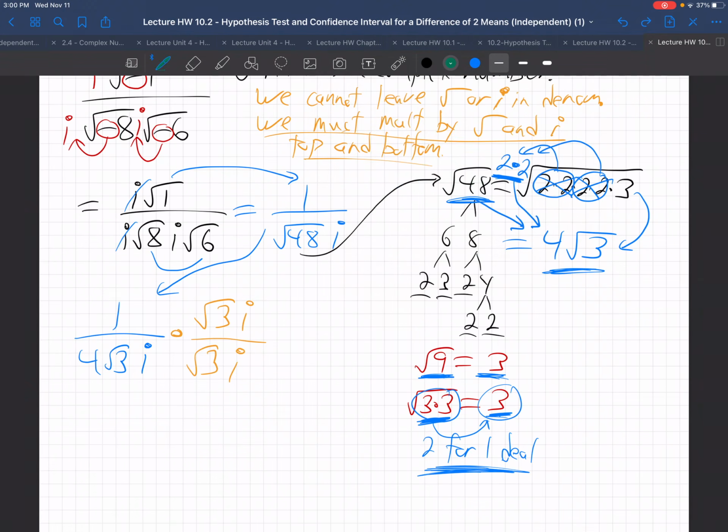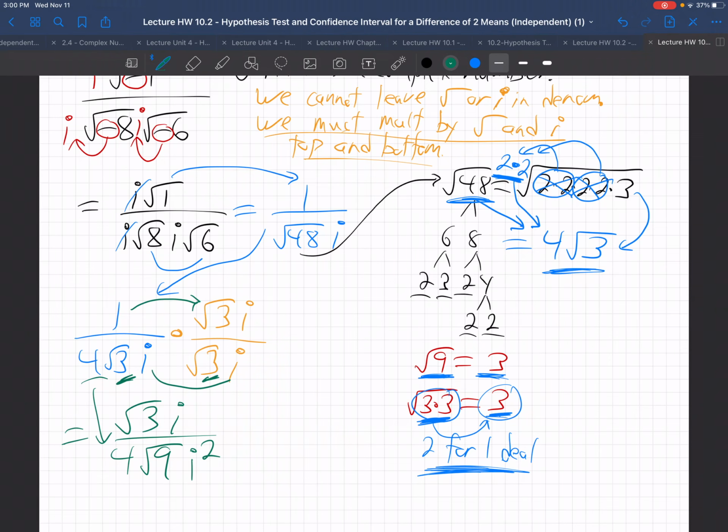Okay, so what becomes of that? Well, 1 times root 3 I is just root 3 I. What about the bottom? 4, bring it down, root 3 times root 3, that's root of 9. I times I, that's I squared, isn't it?